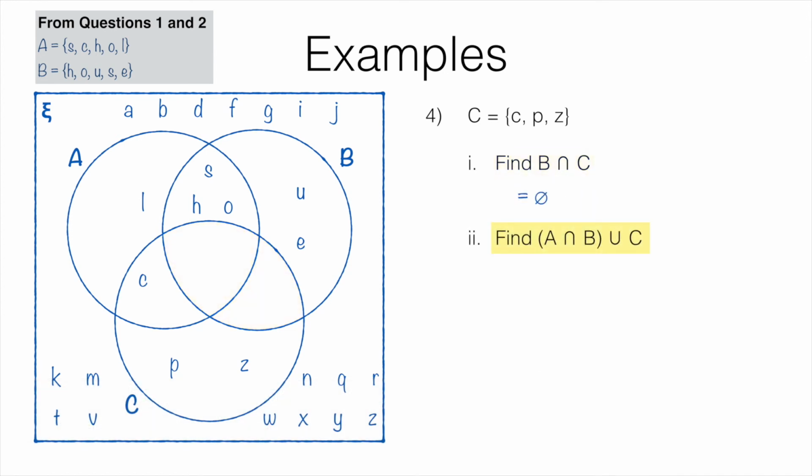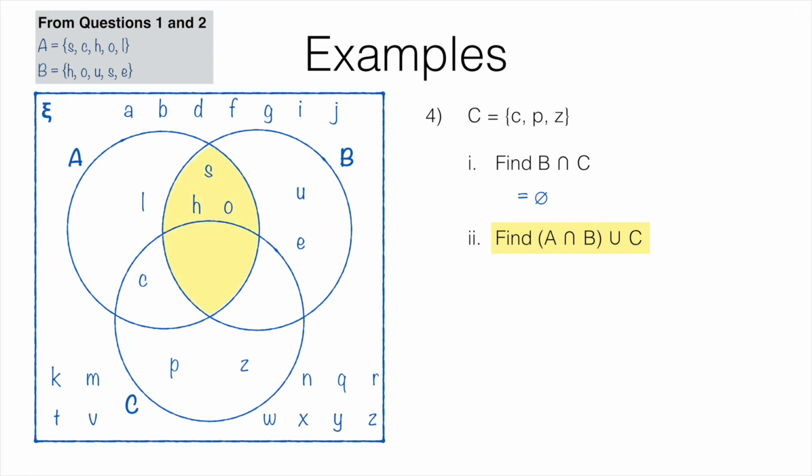In part 2, we are looking for the union of the set which is the intersection of A and B and the set C. Now we already know what the intersection of A and B is. That's everything that's in set A and set B at the same time. So that is this region here.